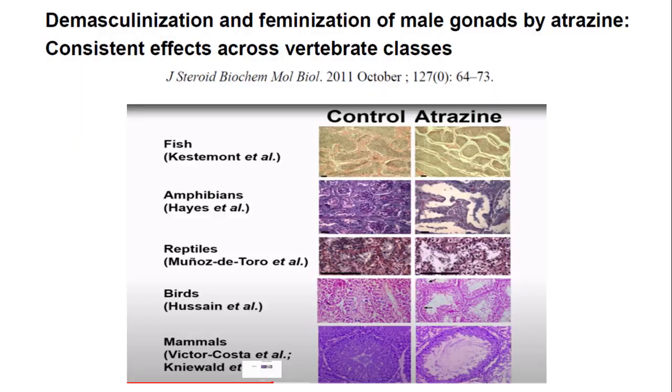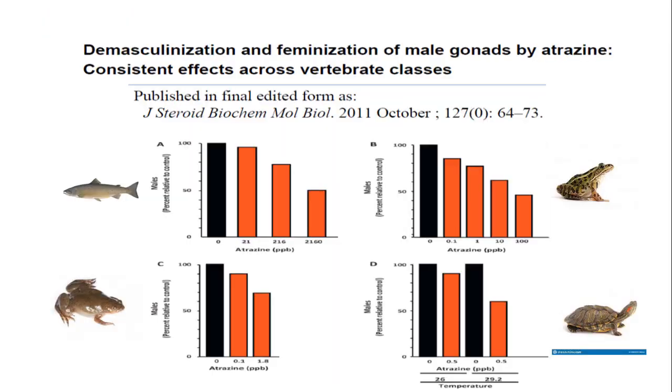The same thing in frogs is also taking place in other vertebrates. In birds and mammals, what it does is reduce the production of sperm, but there is no sex change. The images on the left show normal testicles, and those treated with atrazine on the right are obviously empty. The concentrations of atrazine that cause a reduction in male populations are different in different vertebrates.